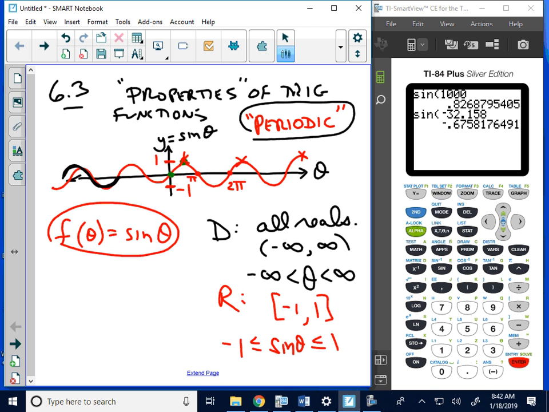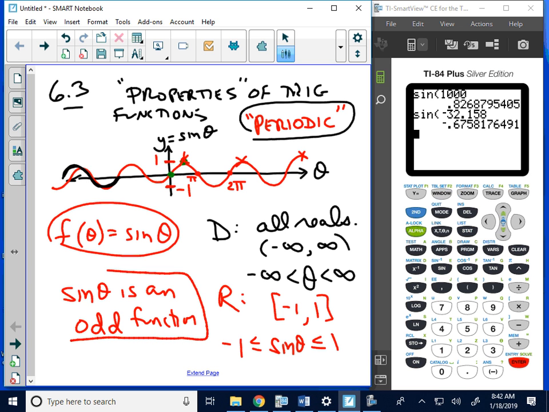From the picture, you can say it appears that the sine of theta is an odd function. Okay, but we're going to be a little bit more careful than just say, well, it looks odd. It is odd, by the way. The sine is odd. And I suppose we should have function notation here.